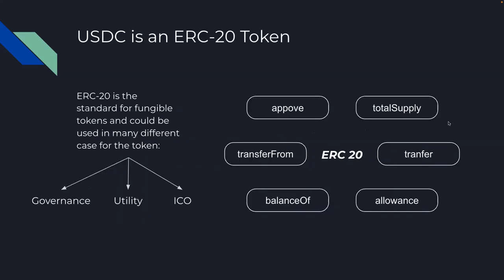Jumping into the technicalities behind USDC, USDC is an ERC20 token, and as everybody knows here, ERC20 is the standard for fungible tokens. It has many different use cases. For example, it can be used as a governance token, for utility, and also for ICOs, IDOs, and all kinds of offerings of new tokens.